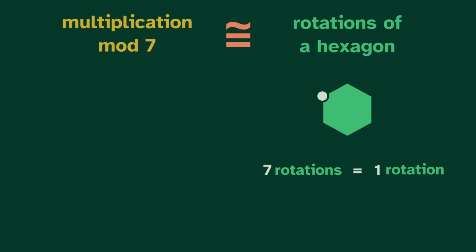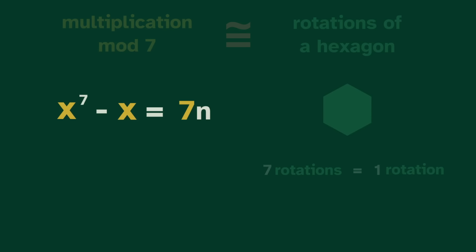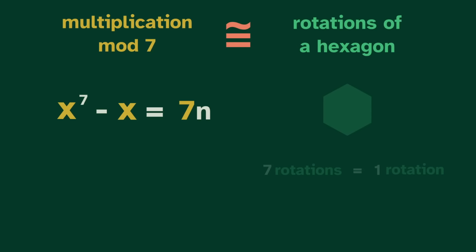These groups are the same, so this equation becomes x to the 7 equals x to the 1, plus a multiple of 7, since we're in mod 7. Then we subtract x from each side, and there's our equation. For any integer, x to the 7 minus x is a multiple of 7. Group theory allows us to take a problem from a difficult group and solve it within an easier group.